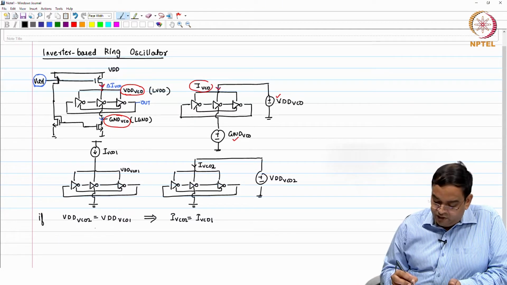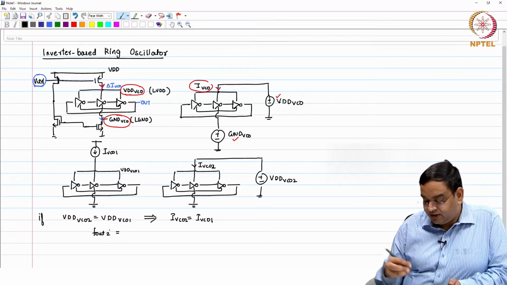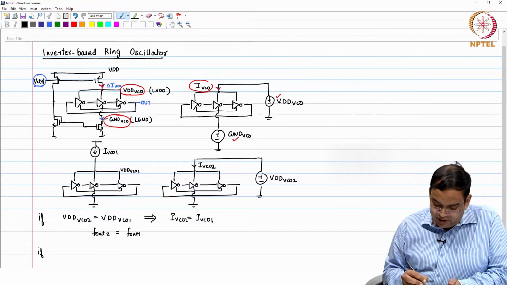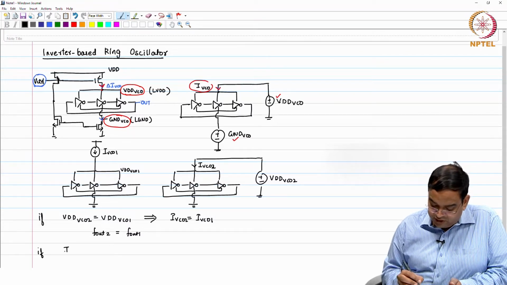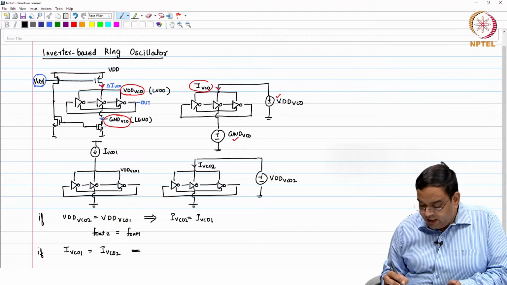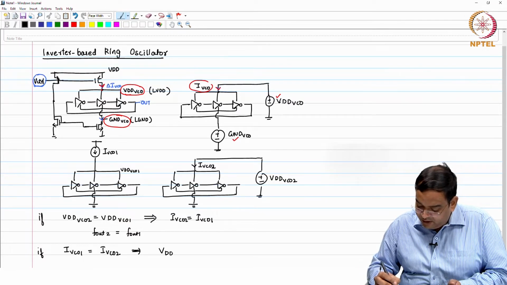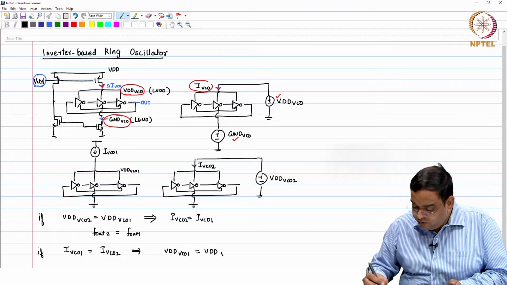Your F out 2, the output frequency of the second oscillator, is the same as F out 1. Also, if I make sure that I VCO 1 is equal to I VCO 2, then it will be quite clear that VDD VCO 1 is equal to VDD VCO 2.